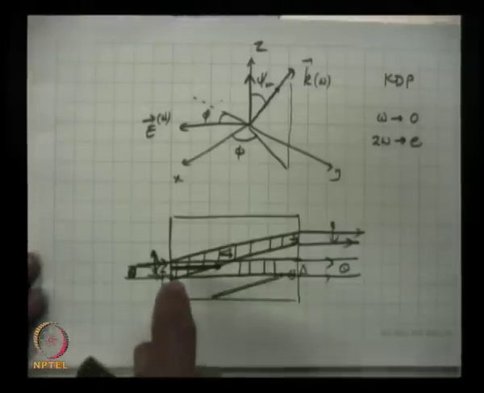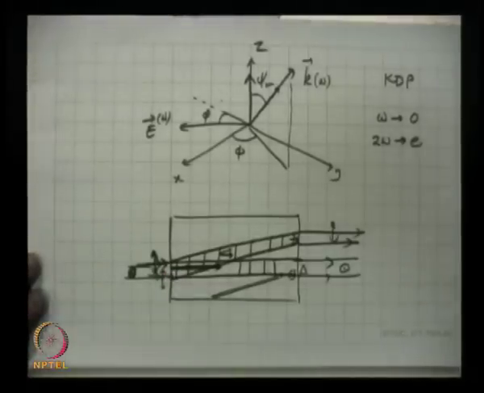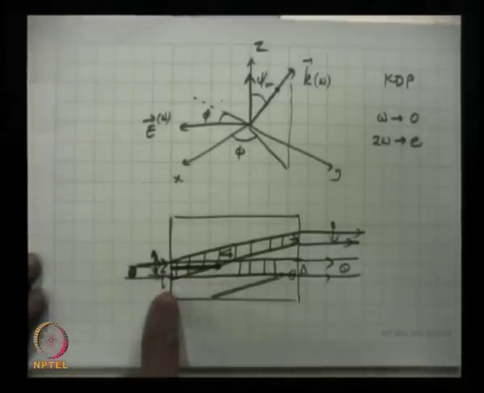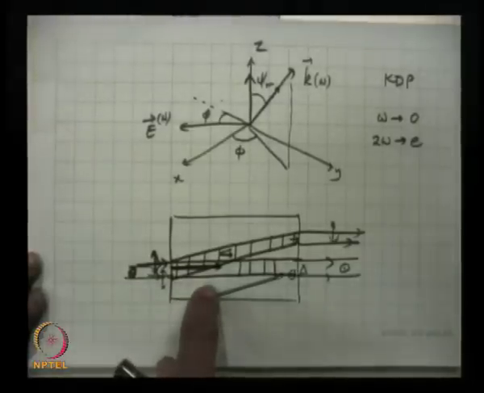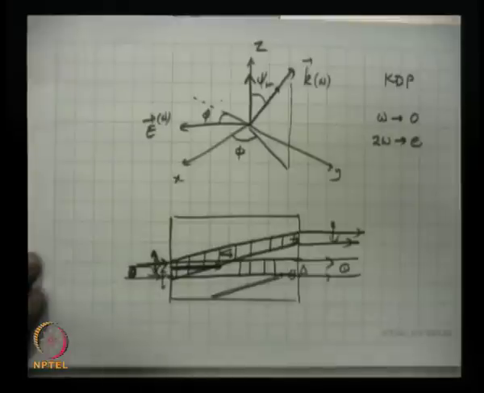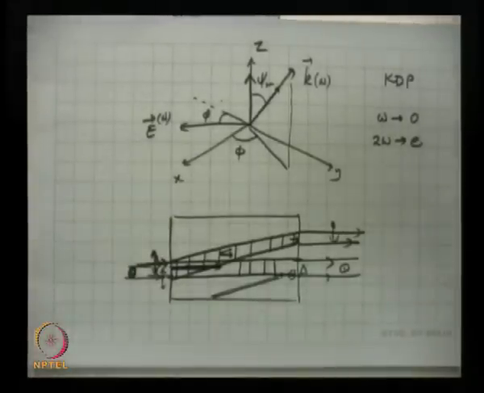But Snell's law is for the k vector. So I can always use Snell's law to calculate the k vector direction of the refracted wave in the second medium, and once I know the k vector direction and the optic axis direction, I can calculate the S vector direction, which will give me the direction of propagation of the energy or the ray in the medium. Okay. Yeah, anything else?